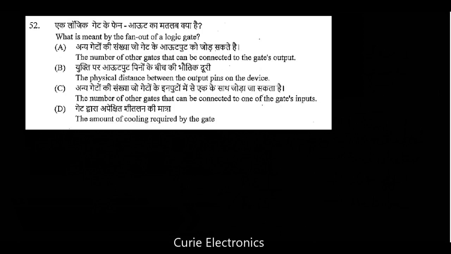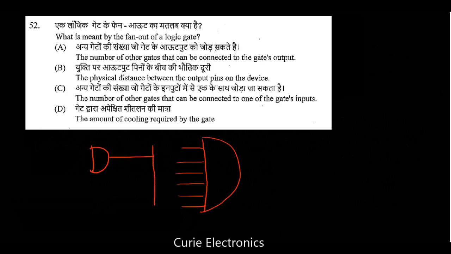Question number 52. What is meant by the fan out of a logic gate? We have a logic gate. How many inputs can be driven from a single gate output?